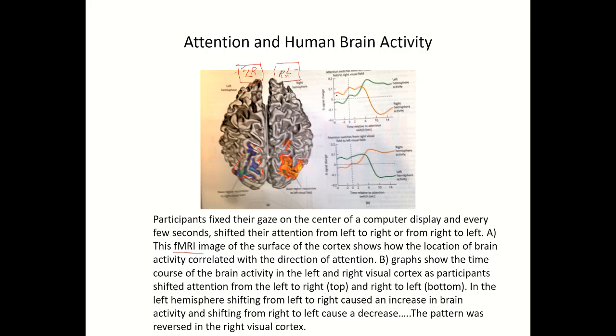So here you see the yellow line is showing the increased activity of the right hemisphere. Okay, and the green line is showing the activity of the left hemisphere.